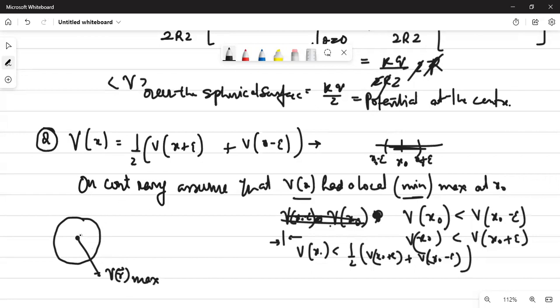It implies that if I go in a neighborhood and find all these equidistant points and find the potential at all these equidistant points, all these equidistant point potentials would be less than V(r) maximum.